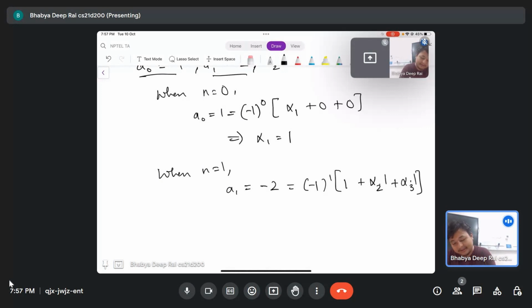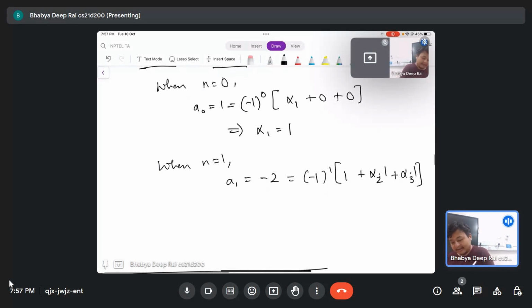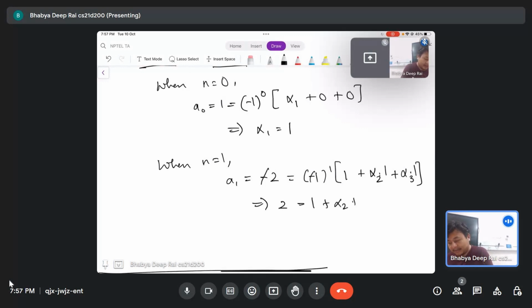Therefore, 2, I can cancel this off, equals 1 plus alpha 2 plus alpha 3, and this would mean that alpha 2 plus alpha 3 equals 1.